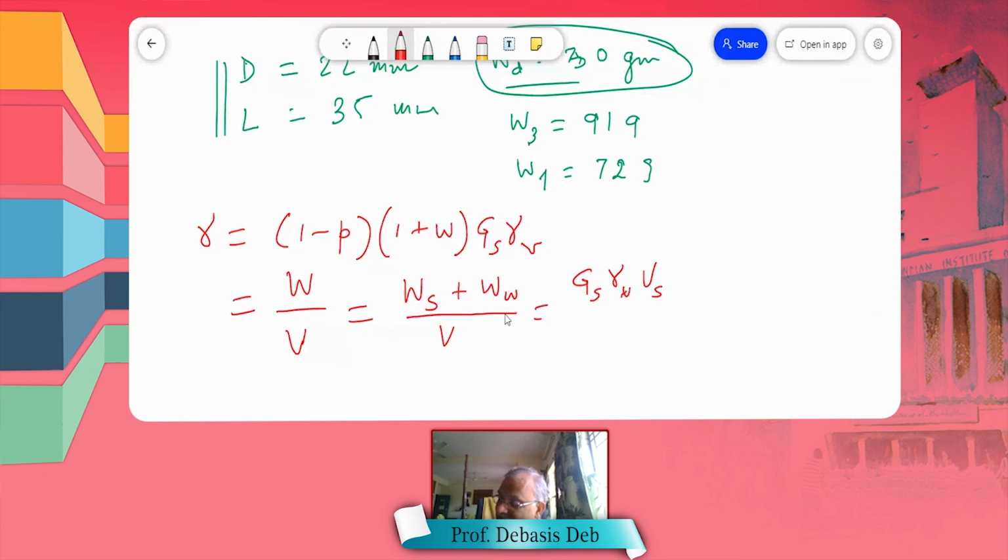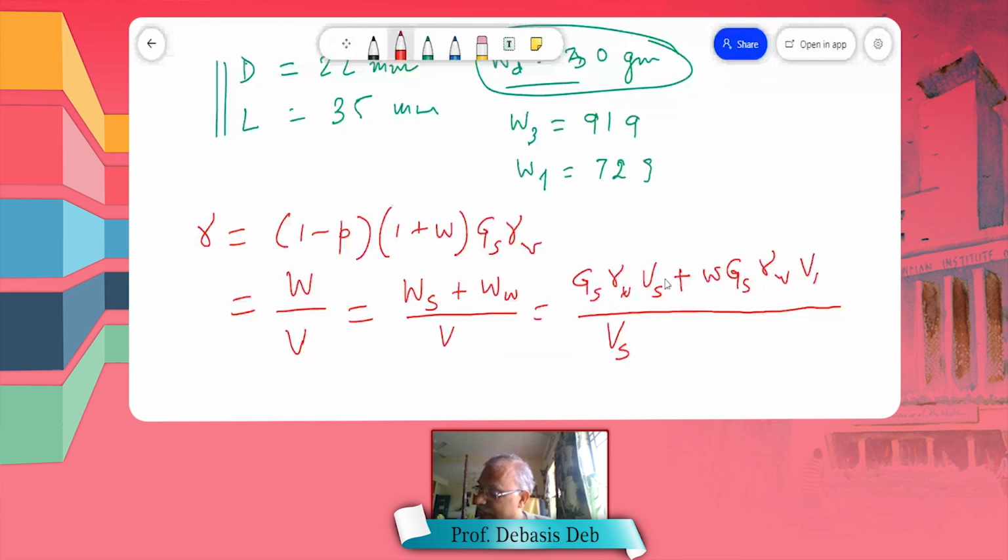And for the weight of the water, if you go back to the relationship I gave you, there is a direct relationship between these two. The ratio is nothing but small w. So I can write the same thing with a small w: it is basically w times GS gamma W into VS. And in the bottom, the total V, we can write as VS times (1 plus the void ratio).